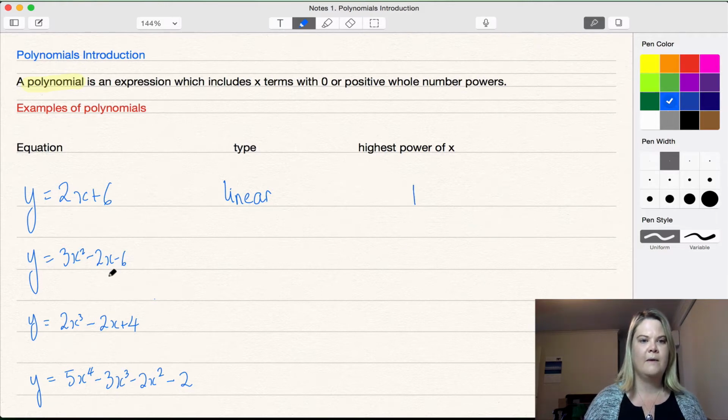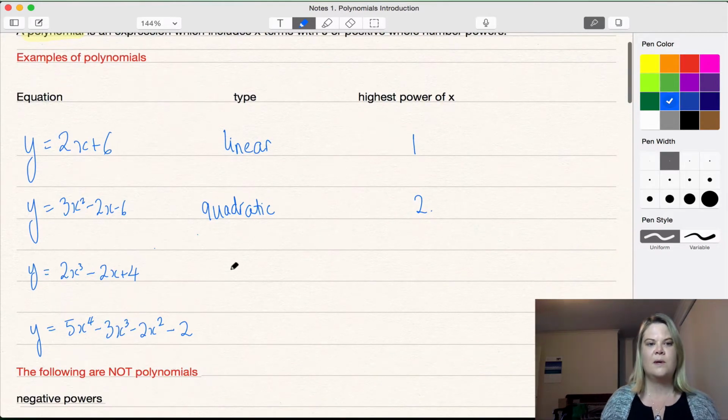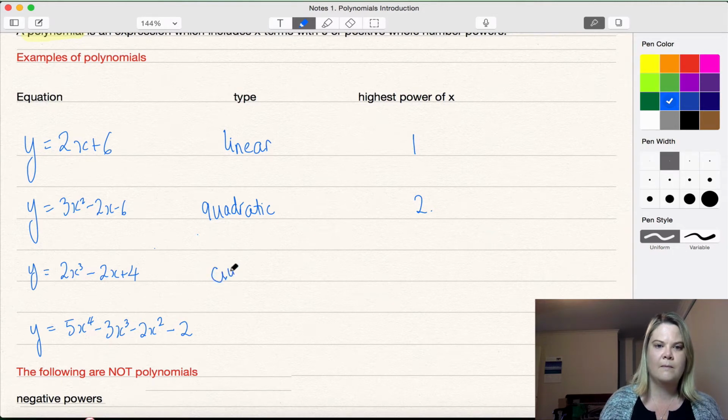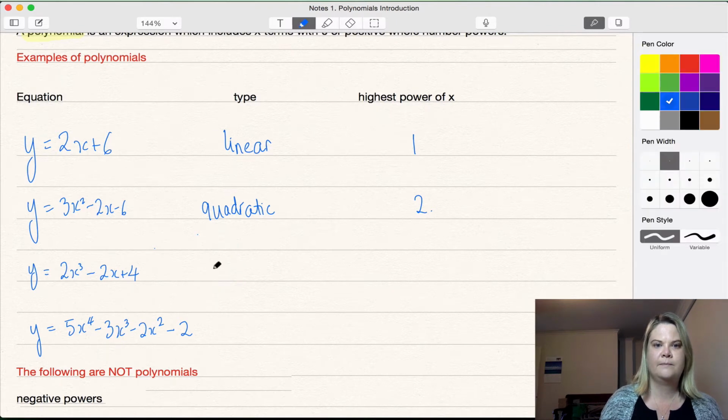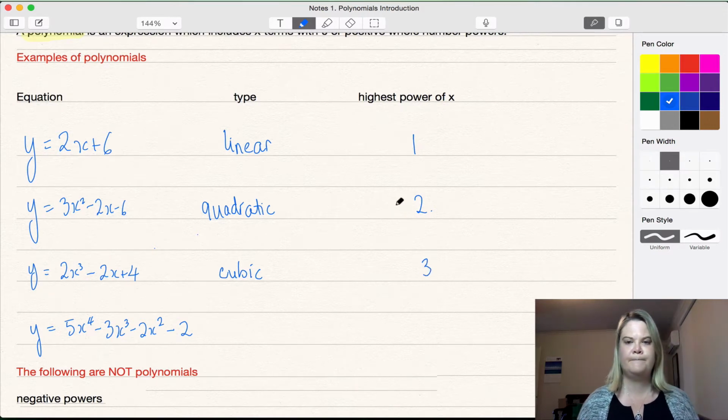We have this example here, which is a quadratic equation. The highest power of x is 2. And we're moving on to some new ones here. This one is a cubic, because the highest power of x is 3.